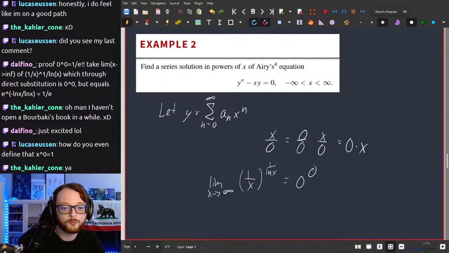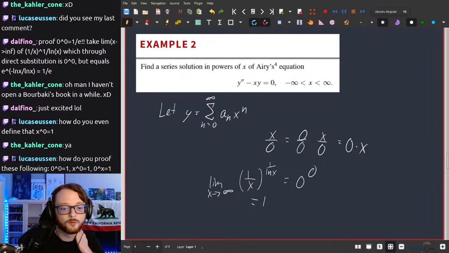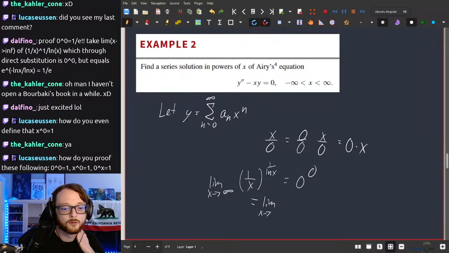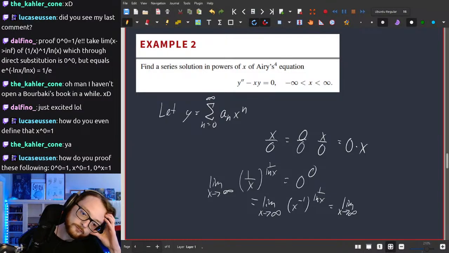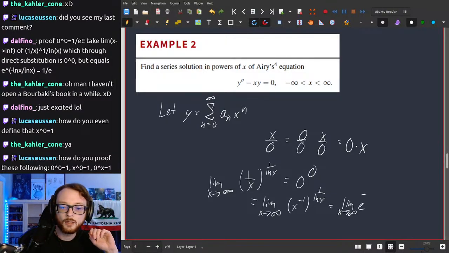Let's follow along with this. e to the minus ln x over ln x.